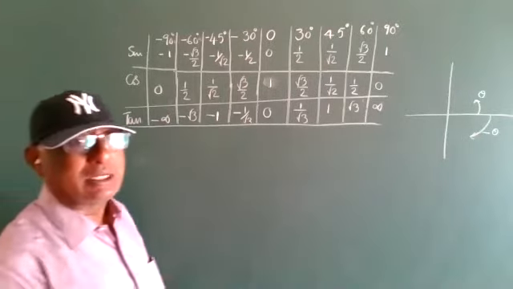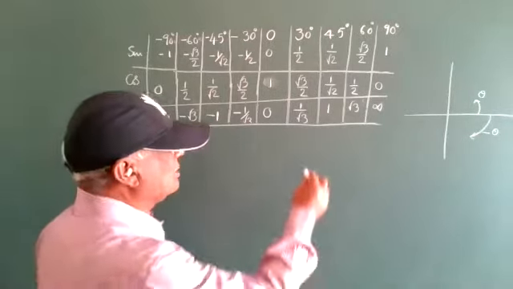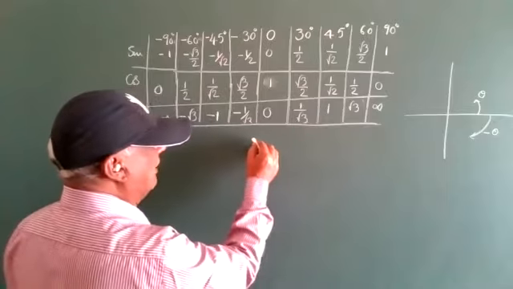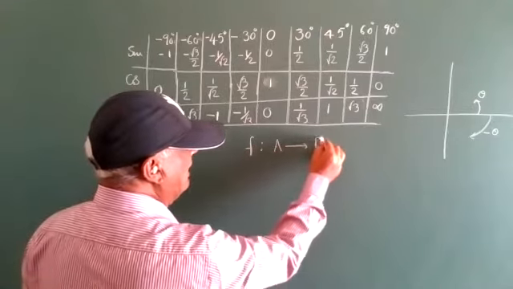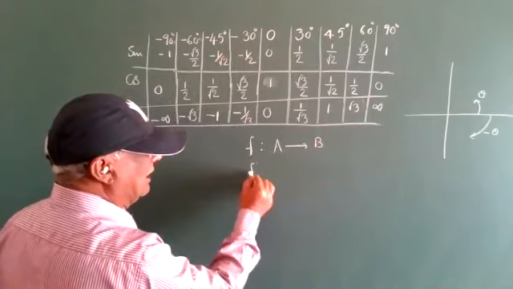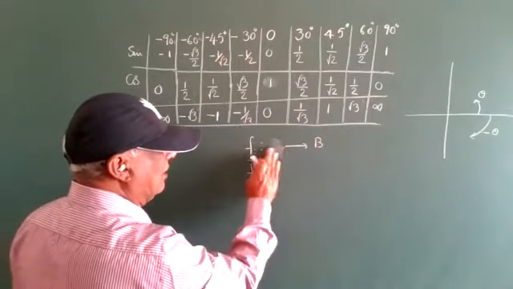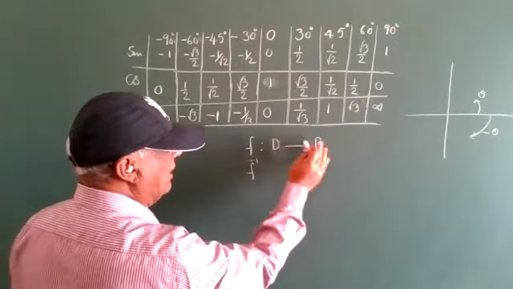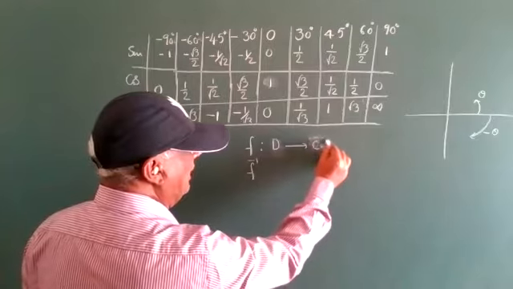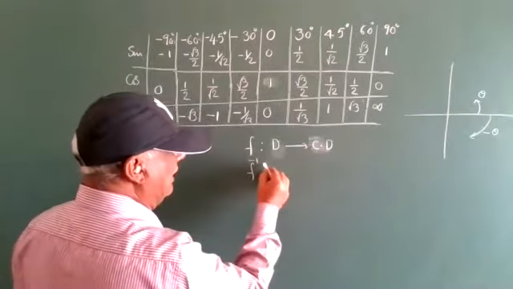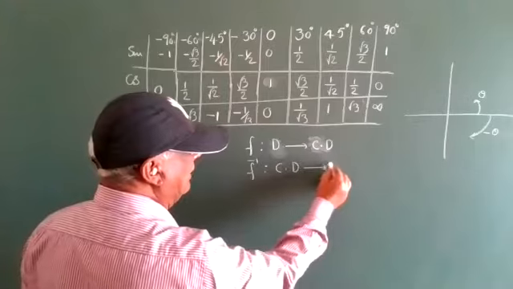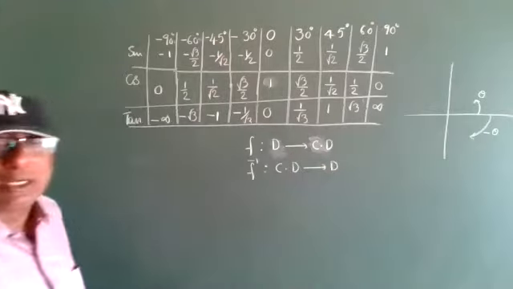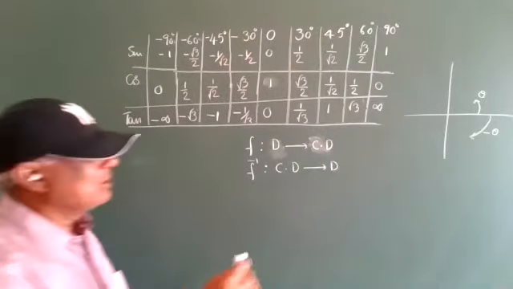Now, inverse trigonometry. So F is a mapping from A to B. Its inverse function is F inverse, from the codomain to the domain, where A is the domain and B is the codomain. So F inverse is the reverse-order function.